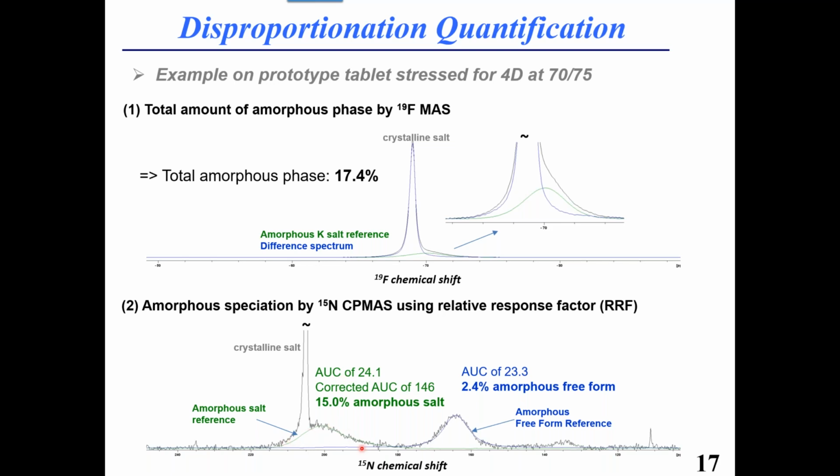So again, if you integrate the amorphous salt, the AUC is 24, the AUC of the amorphous freeform is 23, then by using the relative response factor, we can correct one of the AUCs, and that gives us the final true, quantitative ratio of the two amorphous phases.